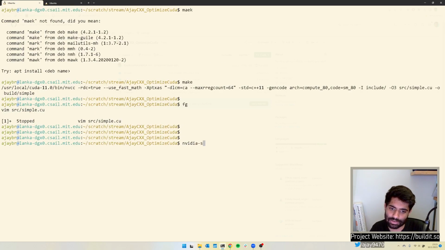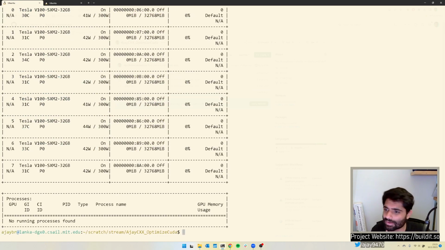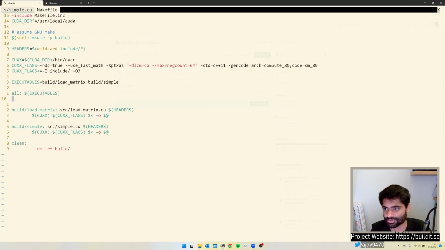I'm using one of the GPUs we have in our lab, an NVIDIA Tesla V100. It's a Volta generation GPU, so it's kind of old now, but it's still good enough. And this is the compute capability we are compiling it for.